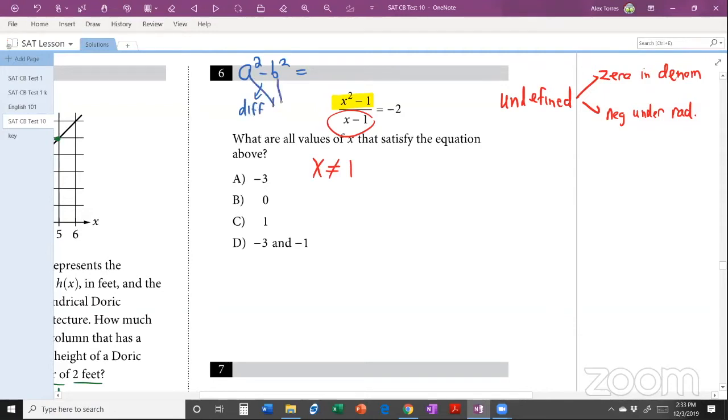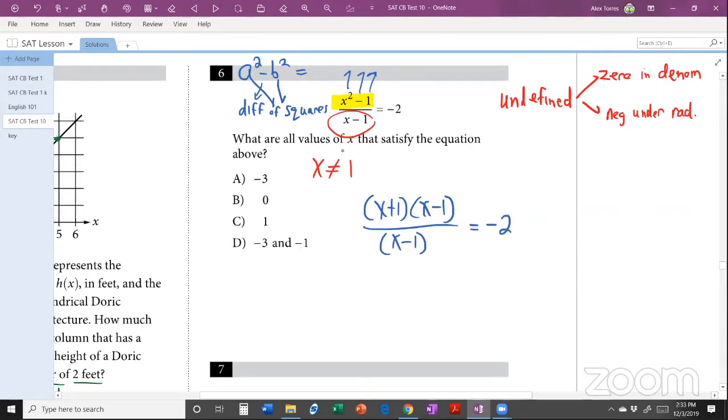And a squared and b squared both are perfect squares, because the square root is a nice, beautiful number. So it's a difference of 2 squares. Similarly, I have x squared minus 1. I have the minus sign, a perfect square here and a perfect square here. So that's a difference of squares, and that's going to factor to x plus 1 and x minus 1, still over x minus 1 equals negative 2.